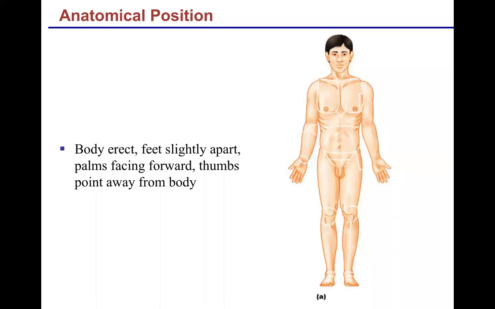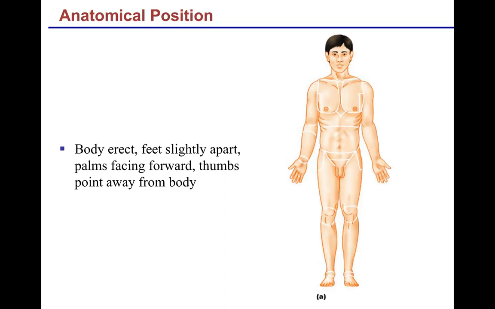There is a position which is known as the anatomical position, which is basically you stand erect, the body is erect, feet slightly apart, palms are facing forward, thumbs are pointing away from the body. So this is the basic stance in which a person standing is known as being in the anatomical position.